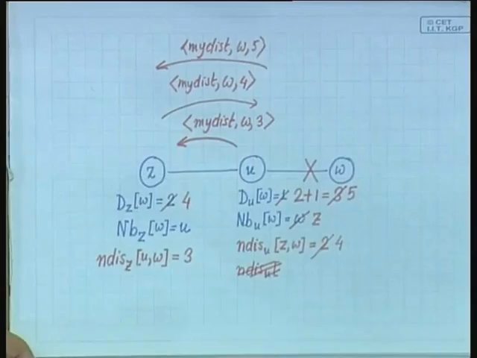Why is this happening? This is happening because each of U and Z is thinking that there is another path through the other. U is thinking that there is another path through Z, Z is thinking there is another path through U, right, and therefore they are just counting to infinity.